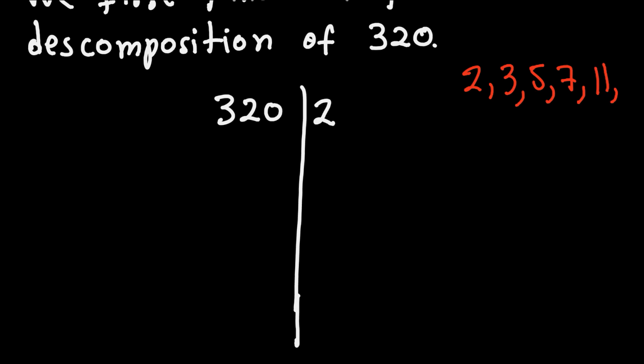So we're going to do the division. 2 into 320, that's 160. Now, if 2 goes again into 160, then we do it again. So 160 is divisible by 2, so I'm going to put another 2 there, and I'm going to take half of 160, and that, of course, is 80.